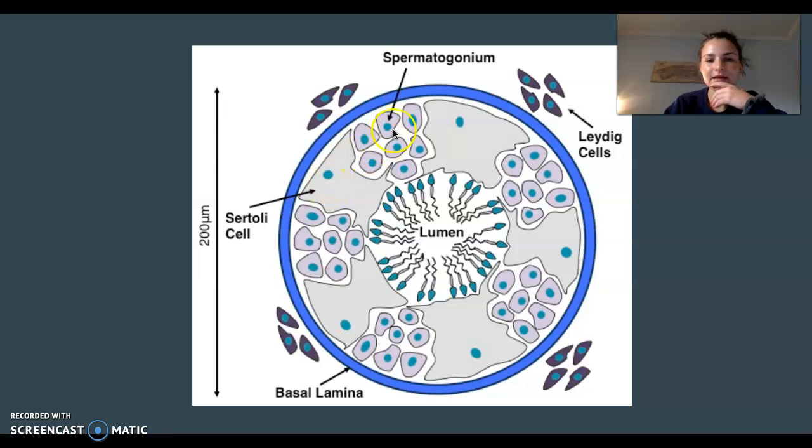So you can see that the spermatogonium is going to undergo multiple divisions, and once they reach that lumen, one spermatogonium will become 4 spermatids. And then you can also see these Leydig cells surrounding the Sertoli cells, and as mentioned earlier, these Leydig cells are going to be producing testosterone mainly.